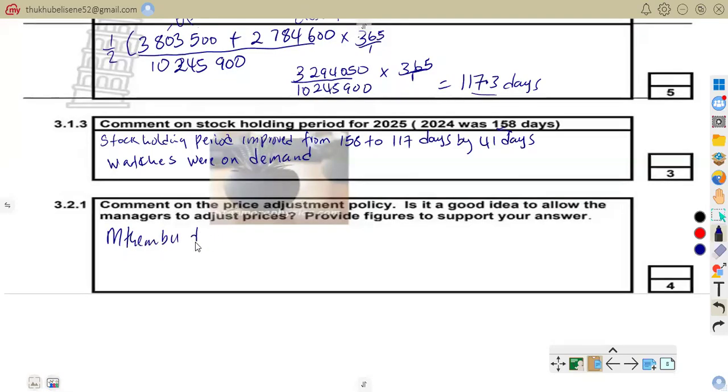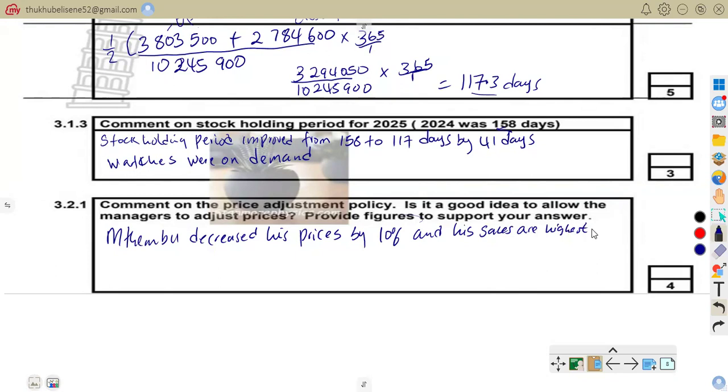So what we are going to say is Mutembu decreased his prices by 10%, and his sales are highest. His sales are highest because of the discount that he gave.